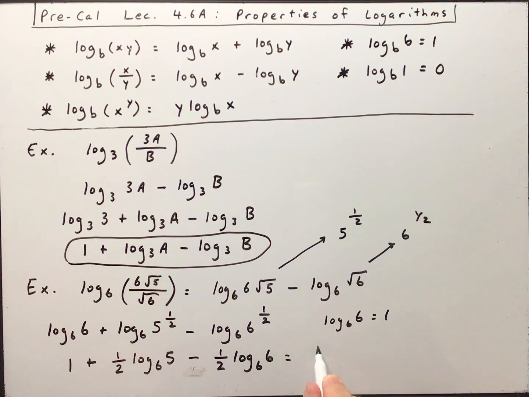So that's going to be 1 plus 1/2 log base 6 of 5 minus 1/2 times 1. Well, 1 minus 1/2 is 1/2. So I would have 1/2 plus 1/2 log base 6 of 5.